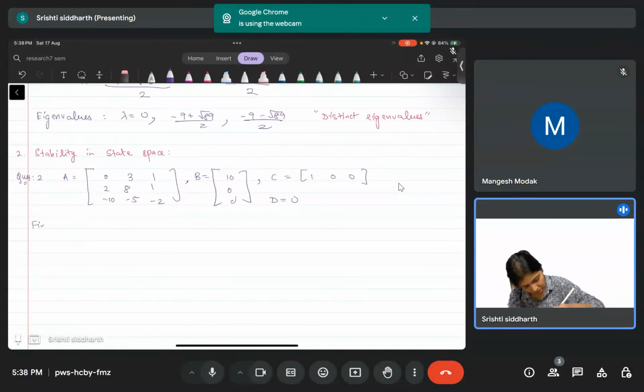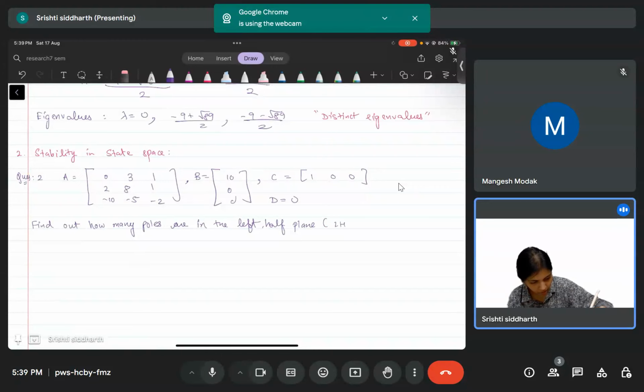So the question is to find out how many poles lie in the left half of the S plane, and similarly on the right half plane.